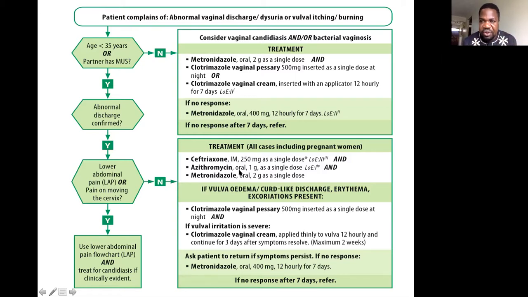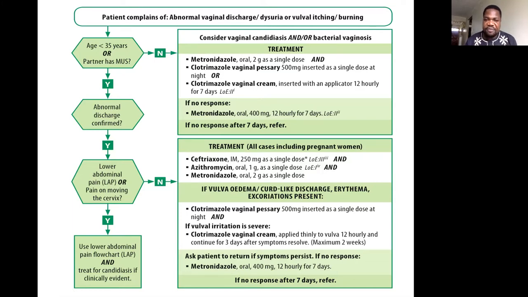Just to be sure, if you are not certain that the discharge is strictly coming from the cervical os, and you are afraid of missing any vaginal infection, then you can also add metronidazole 2 grams as a single dose in this combination.